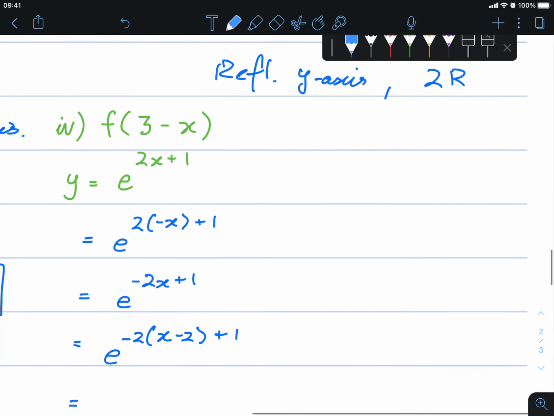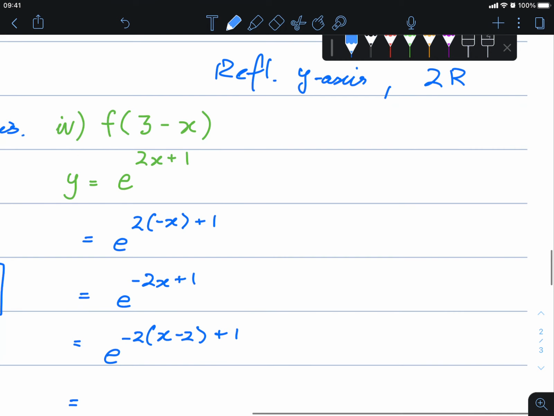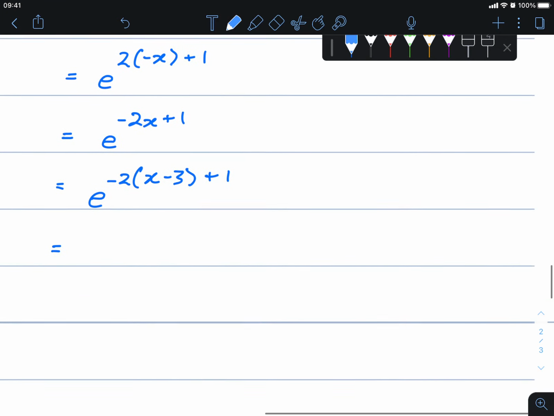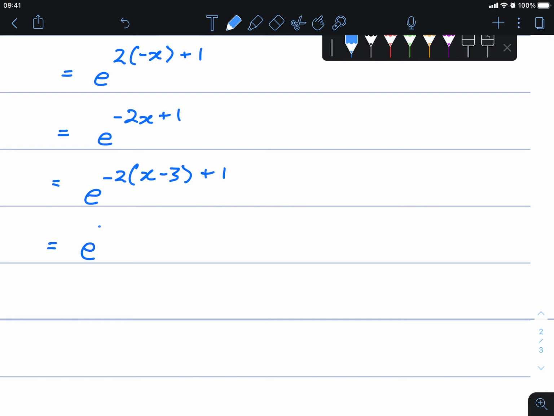Oh, sorry, not 2, 3. Let's change that. This gives us e to the power of negative 2x plus 6 plus 1, which gives us plus 7.